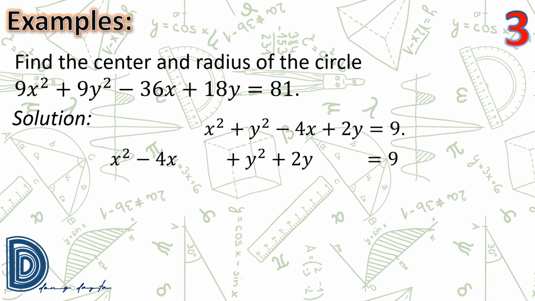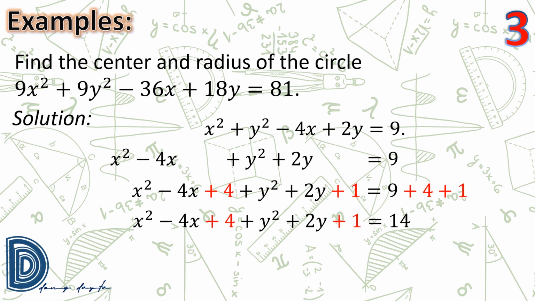And then complete the square. So we have x squared minus 4x plus 4 plus y squared plus 2y plus 1. Then we also need to add plus 4 and plus 1 to the right hand side of the equation. So we have x squared minus 4x plus 4 plus y squared plus 2y plus 1 equals 14.